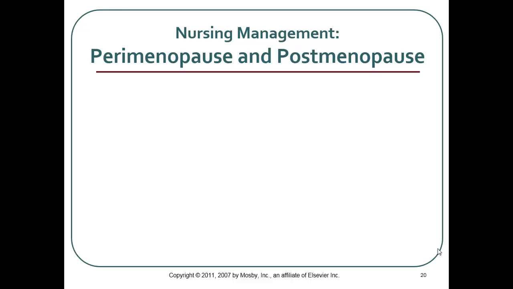So for perimenopause and postmenopause, so again, postmenopause, you want to teach how the woman can control anxiety because they're going through some major hormonal changes. And sometimes having sex is really hard because the vagina will be really dry. So a little KY jelly can solve that.